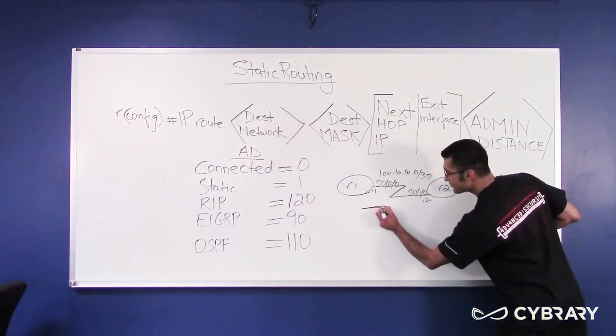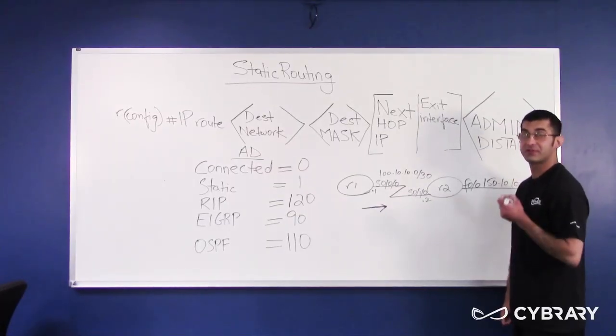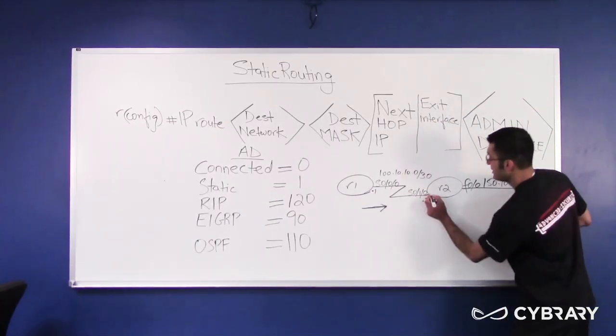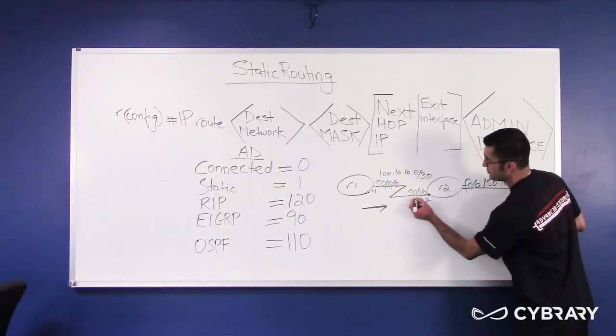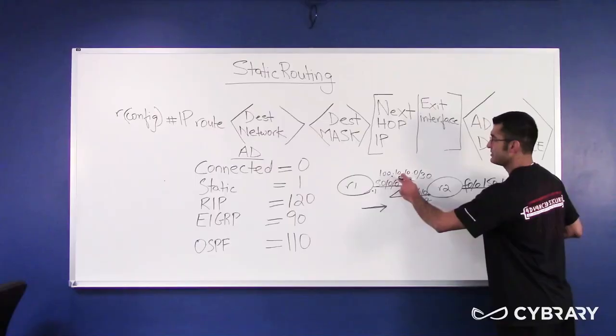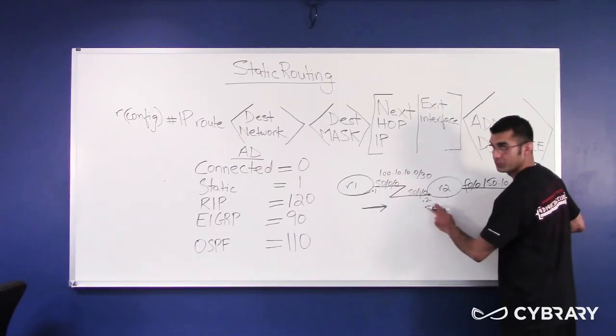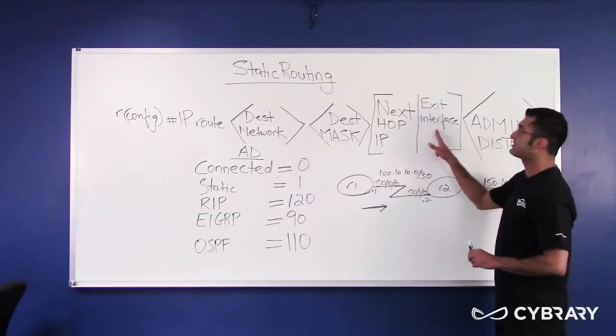Once traffic leaves my router, the next IP that traffic encounters is this address right here on router 2, the address of the serial 0/1/0 interface, which would be 100.10.10.2. Or I could simply type in the exit interface.